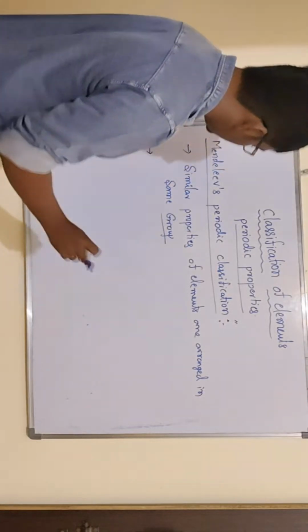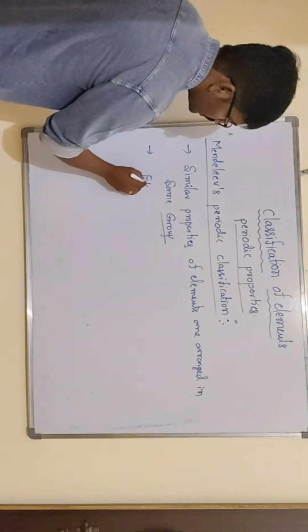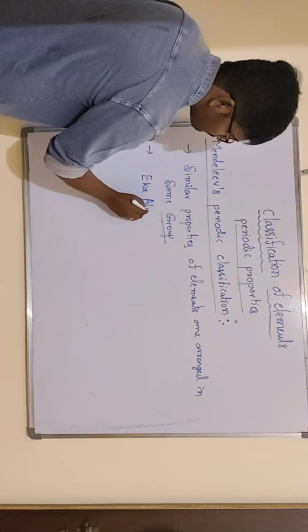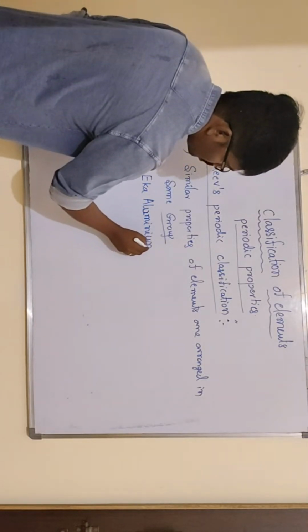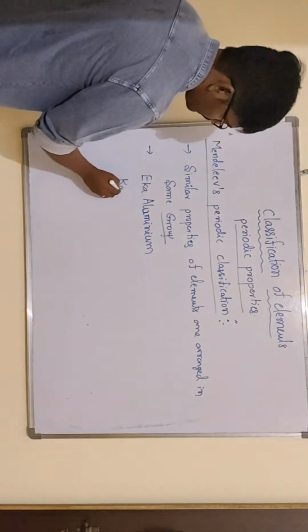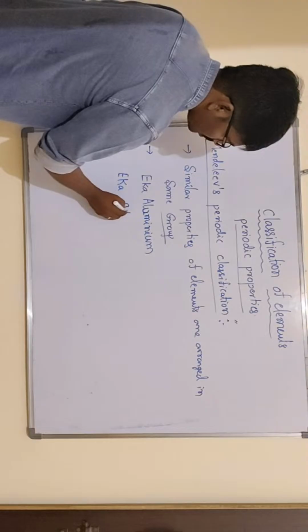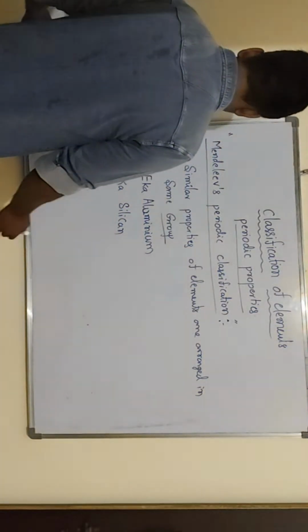What are those? The main important ones are eka aluminum, then eka silicon. Eka aluminum is nothing but gallium.